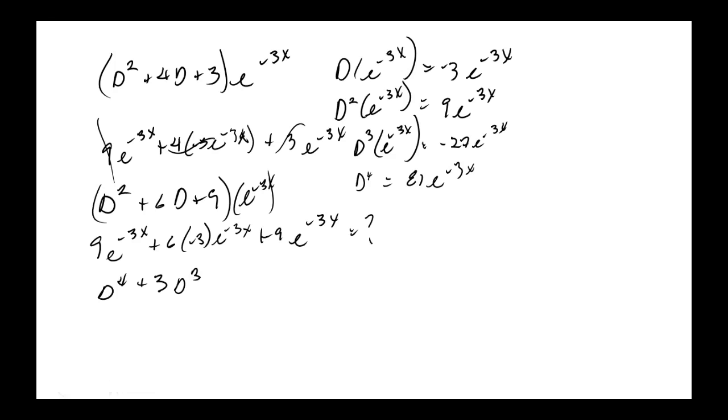Let's do this. That would be 81e to the minus 3x plus 3 times negative 27e to the minus 3x. And sure enough, this is minus 81 plus 81. That's equal to 0. All right, we verified it.